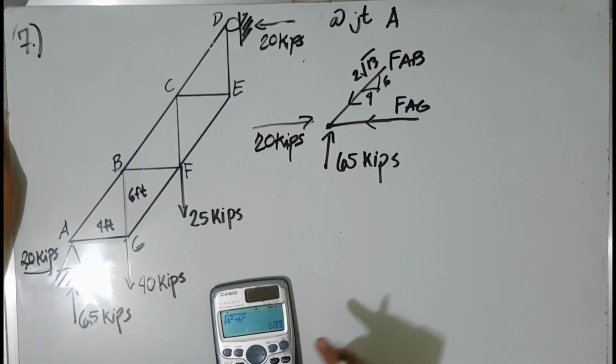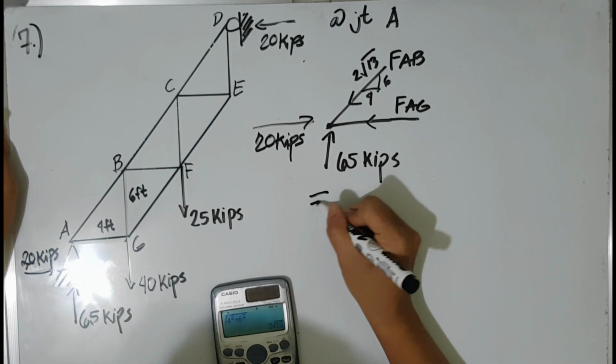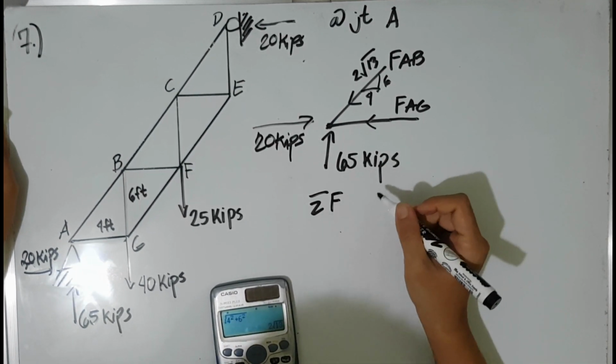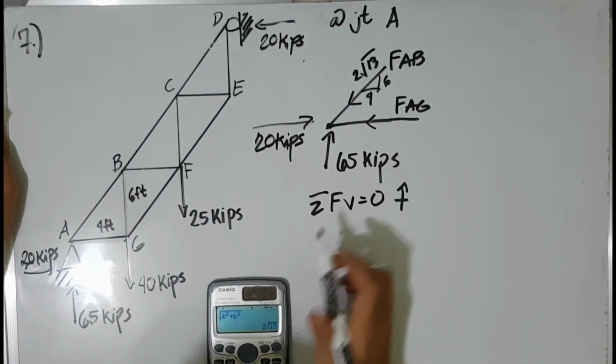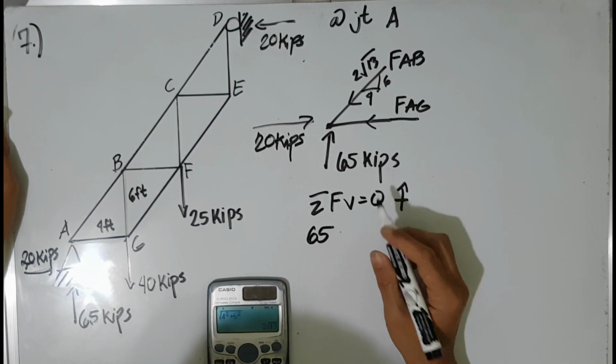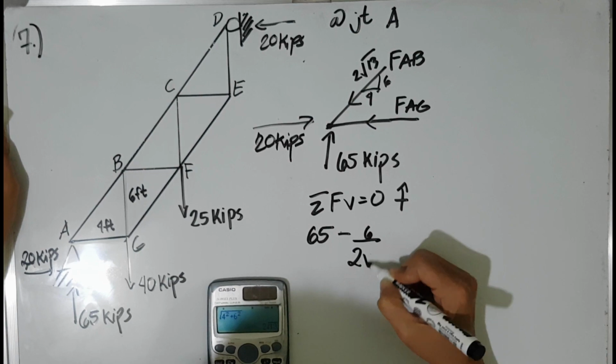So we will determine the forces by having the summation of forces vertical is equal to 0, upward positive. So 65 minus 6 all over 2 square root of 13 of force AB is equal to 0.